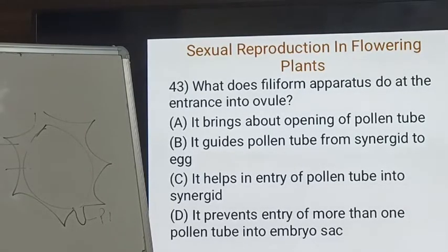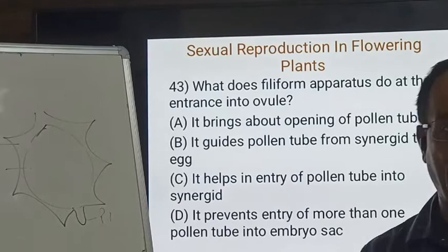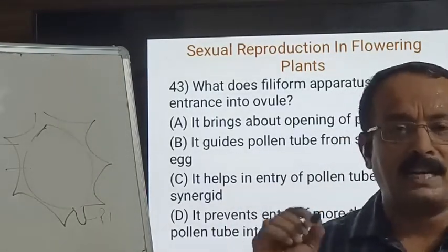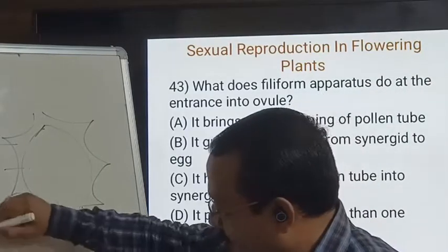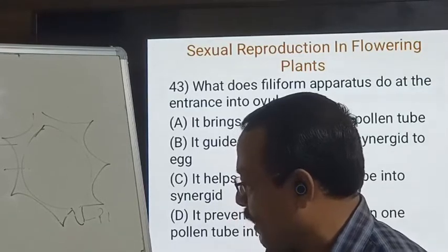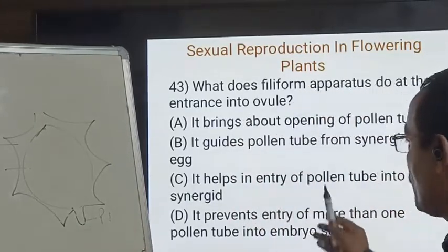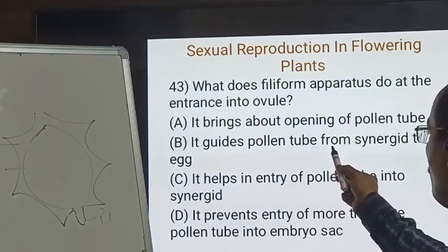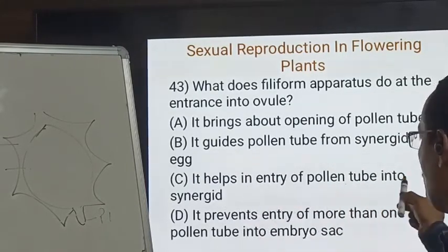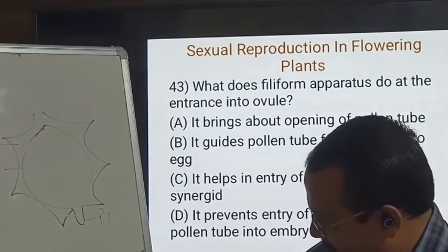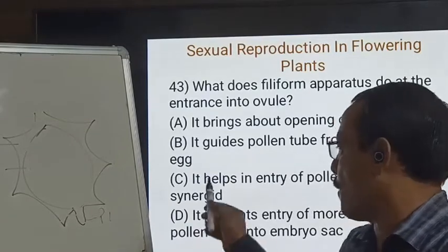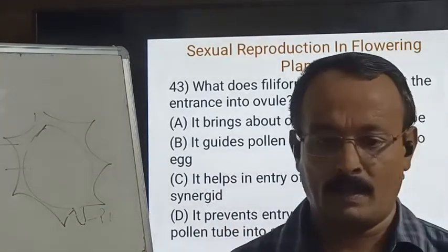So, the main function of the filiform apparatus, which are the differential wall thickenings present in the wall of the synergid, see, if you consider there are two synergids, these wall striations are called filiform apparatus. It helps the entry of the pollen tube into the synergid. So the option is the third option, C.